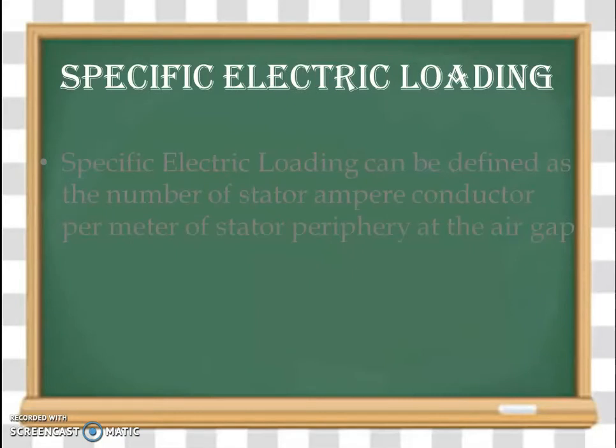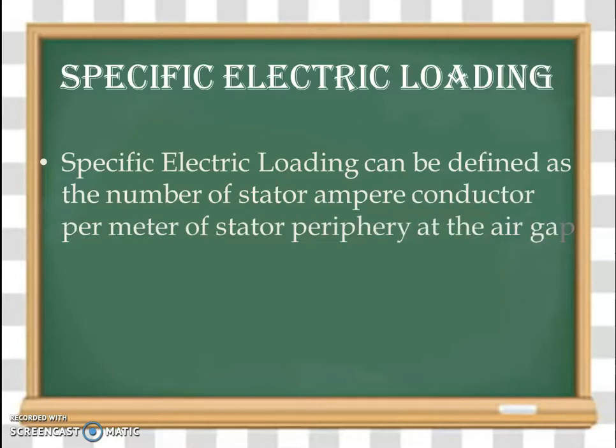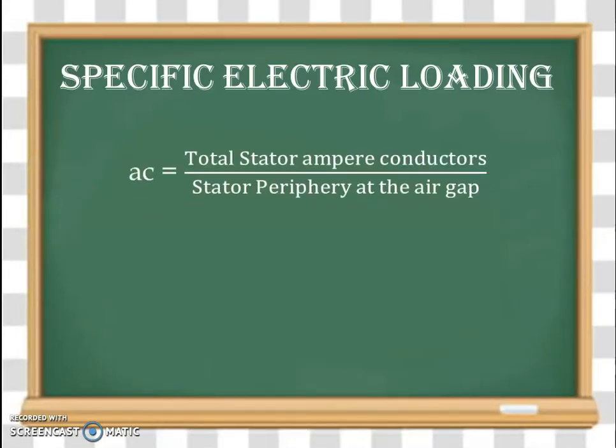Same way we can define specific electric loading also. So specific electric loading can be defined as the number of stator ampere conductors per meter of stator periphery at the air gap. So it is known as specific electric loading, and mathematically it can be written as AC is equal to total stator ampere conductor divided by stator periphery at the air gap.